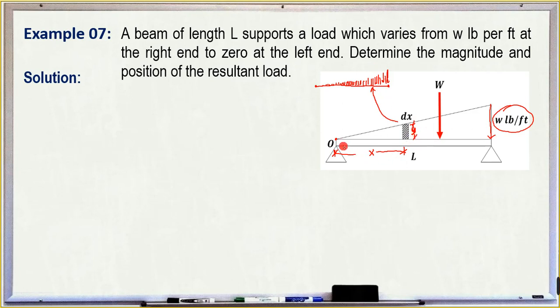Okay? Unya ya distance from point O is x. L here denotes the length of this beam. And W, mo na siya ato ang resultant. So, ato siya i-label as D.